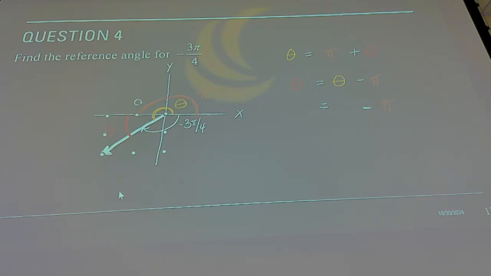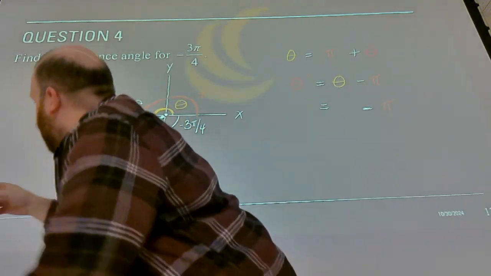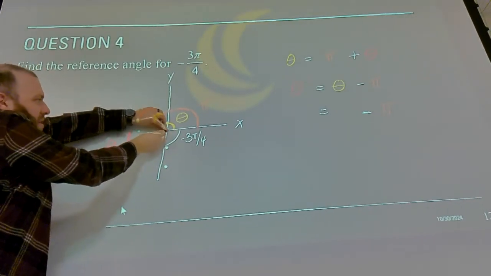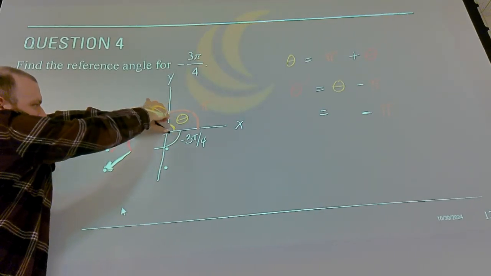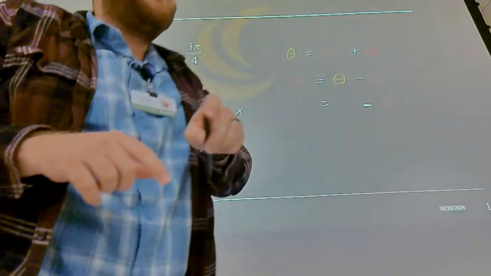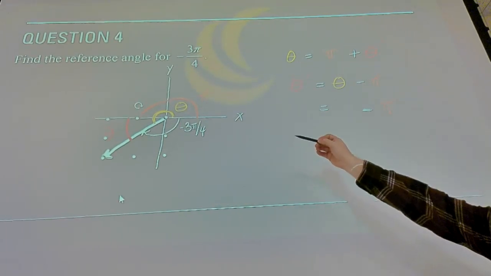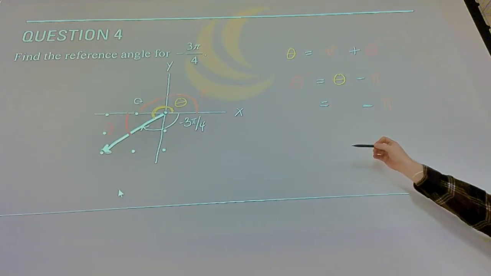So we take this ray and just rotate it one full revolution. How many radians are in one full revolution? So what are you going to do to negative 3 pi over 4? Add 2 pi. What do you get? Negative 3 pi over 4 plus 2 pi.